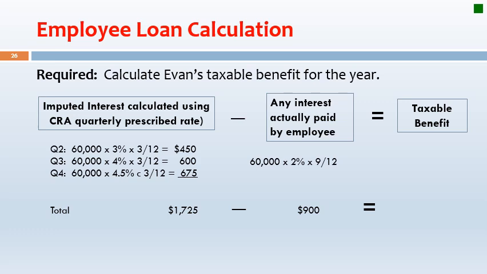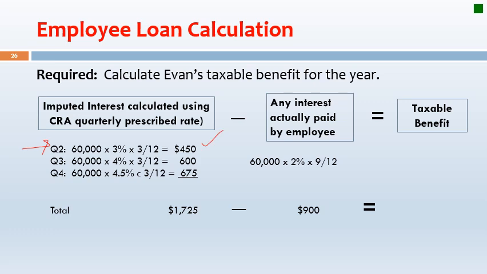Quarter 2, however, starts with April 1st, and that's when he borrows the money. So we'll take the principal of $60,000, the amount that he borrowed from Cramerica, times 3%, which is the prescribed rate, times 3 months out of 12 months, April, May, and June, and that'll equal $450.